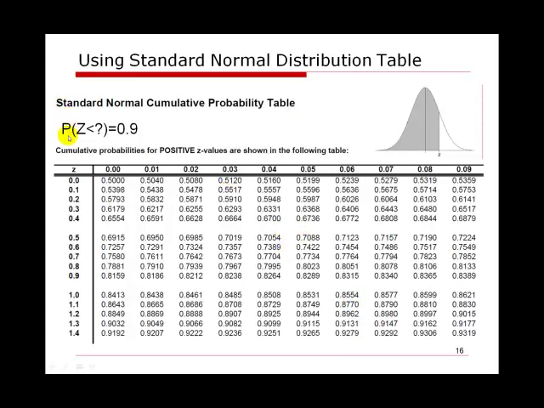For example, we are asked to find the z such that P(Z less than that number) is 0.9. So we try to locate the probability 0.9 in the middle of the table, because this is the value we are trying to find. We cannot find 0.9 exactly, but 0.8997 is the closest value to 0.9, so we'll just use this number.